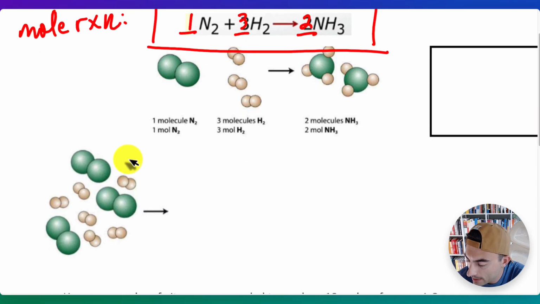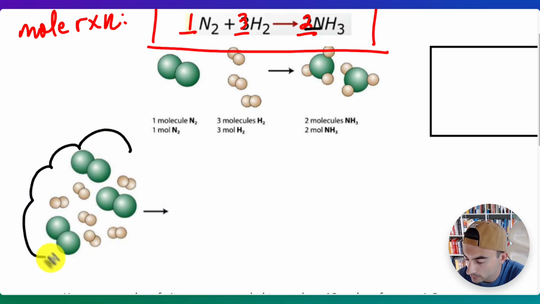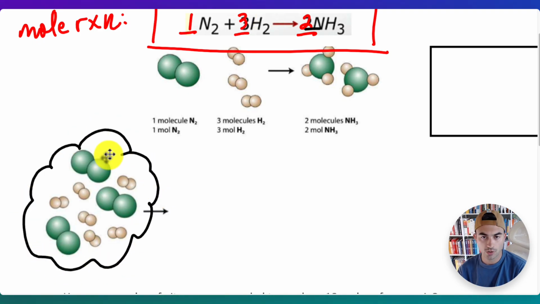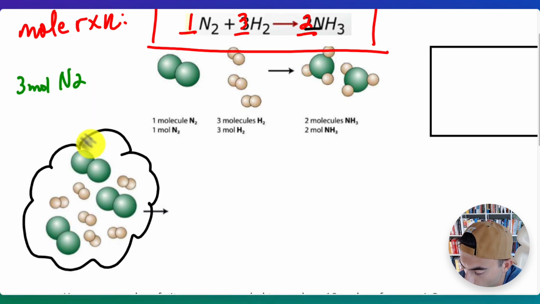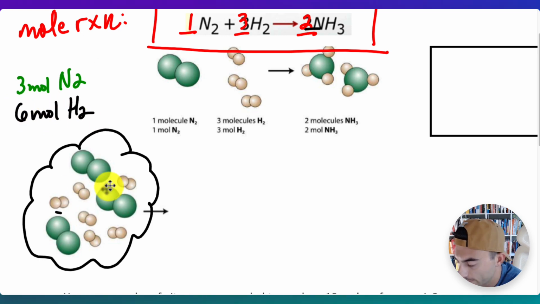So let's say that I'm going to use this recipe to look at this amount of starting material. It's almost like we open our cupboard to see how much we have to make cookies. We open up the lab and I see that I have 3 moles of nitrogen, 1, 2, 3, and 6 moles of hydrogen, 1, 2, 3, 4, 5, 6.